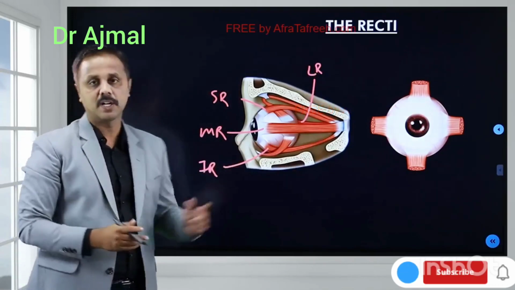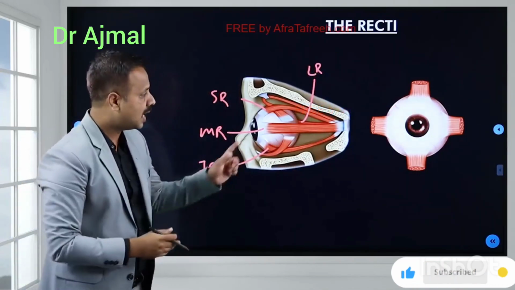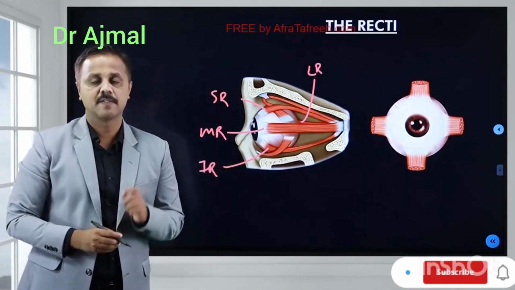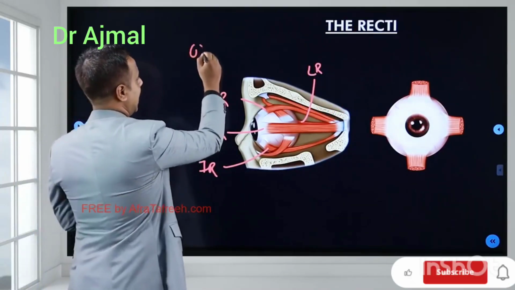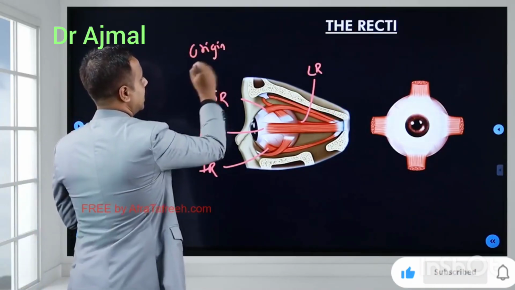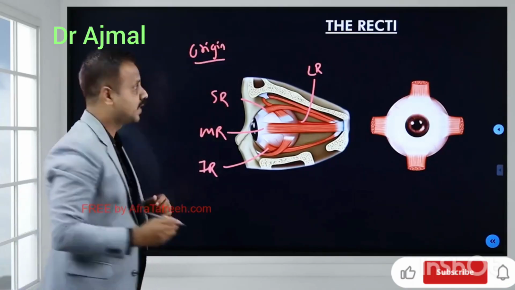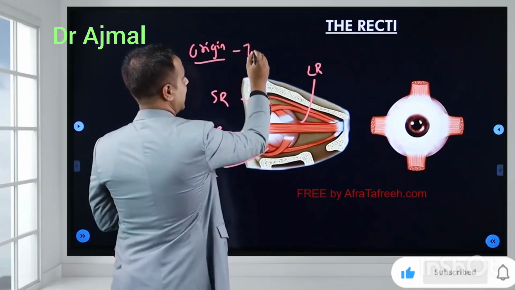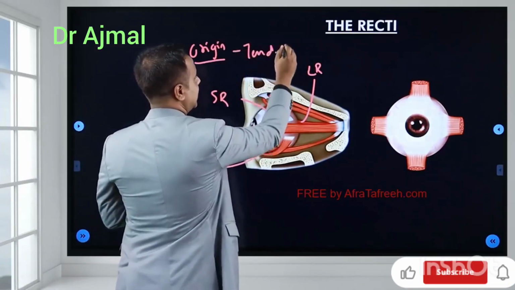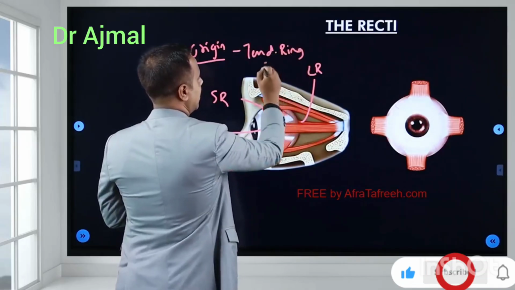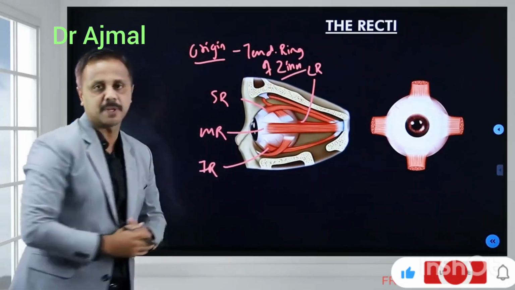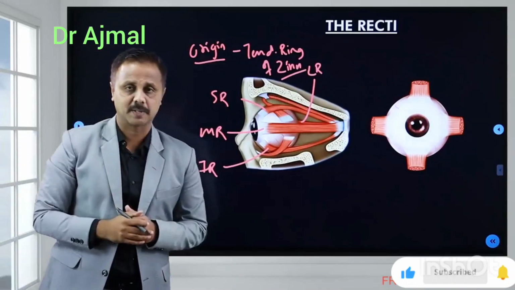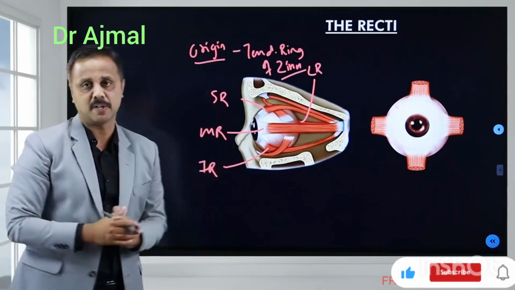So there are 4 recti. All recti take their origin from a common origin. Now, what is that? All recti have origin from a tendinous ring of Zinn. It arises from where? The tendinous ring of Zinn. We have already seen this in the topic of superior orbital fissure. Right? So they have a common origin.